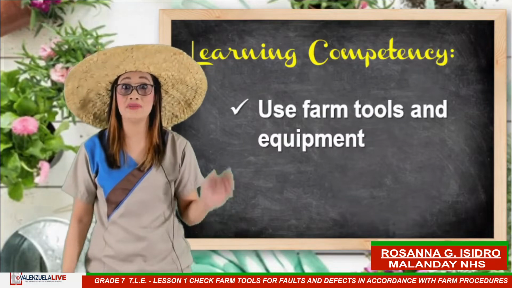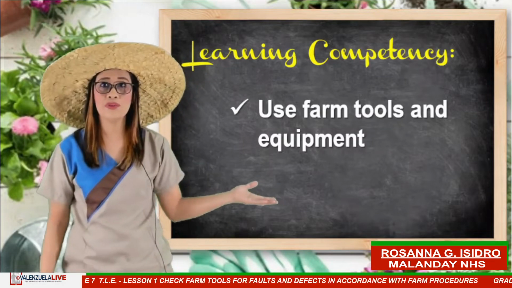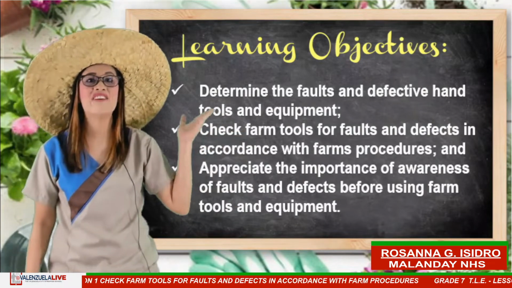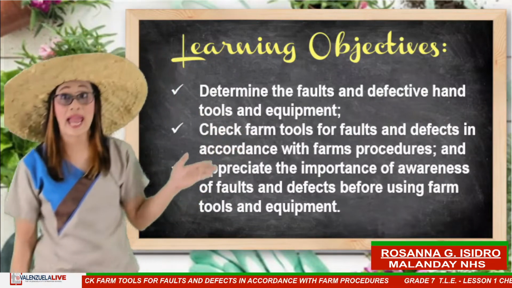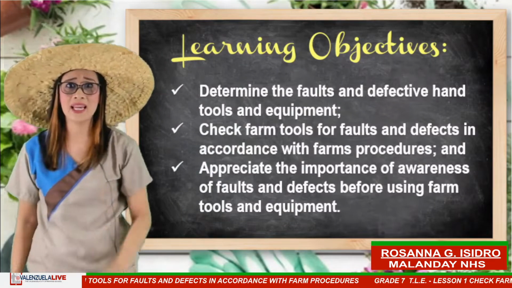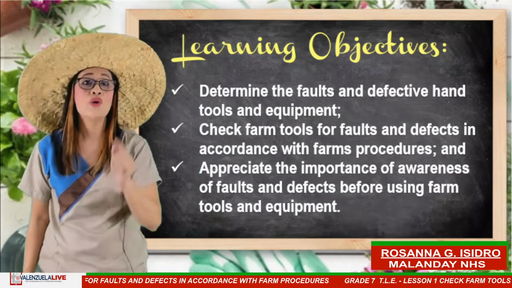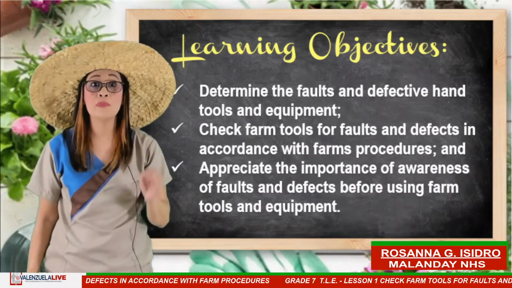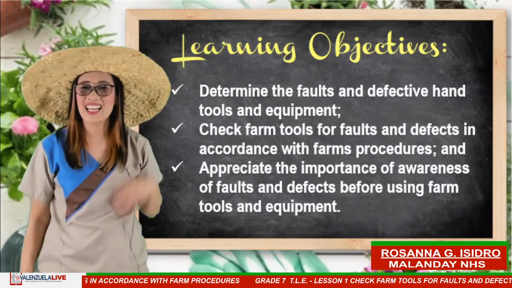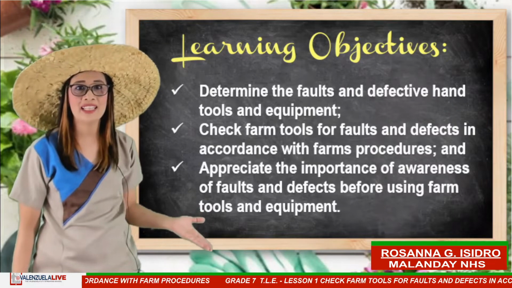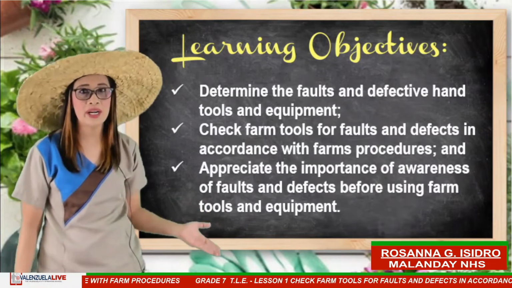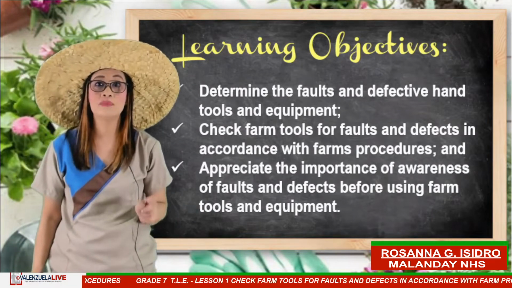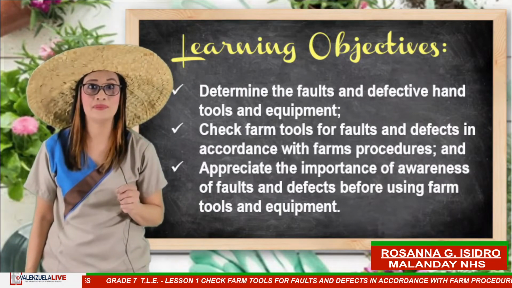Our learning objectives are: first, determine the faults and defective hand tools and equipment. Second, check farm tools for faults and defects in accordance with farm procedures. And last, number 3, appreciate the importance of awareness of faults and defects before using farm tools and equipment.